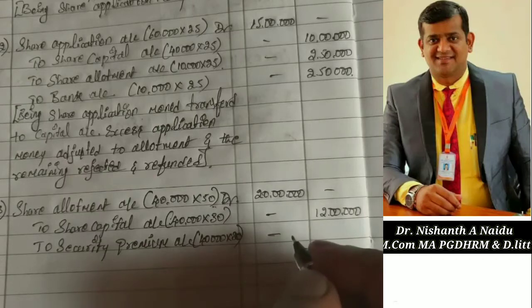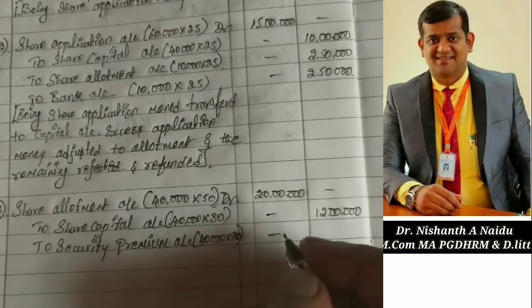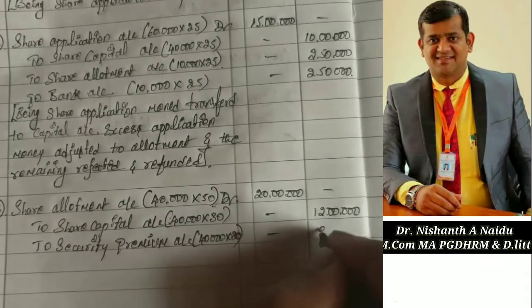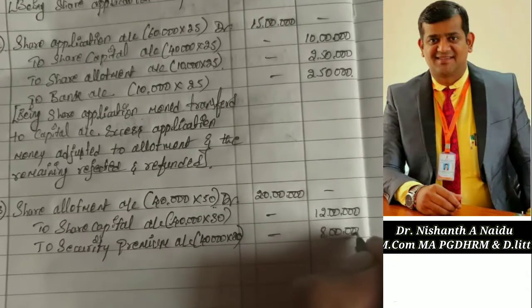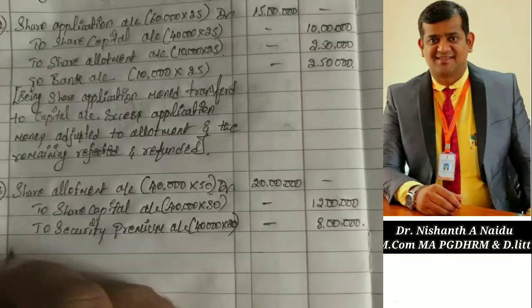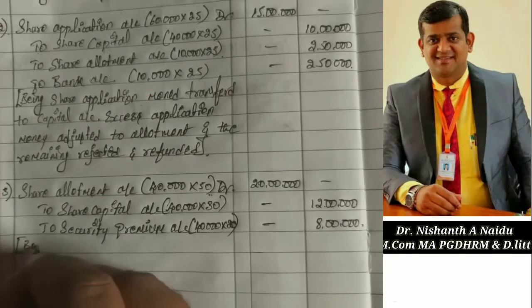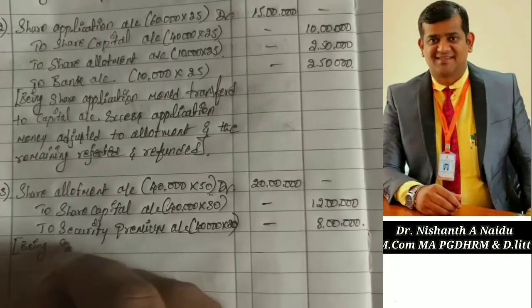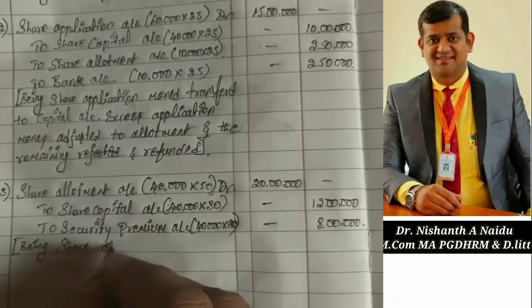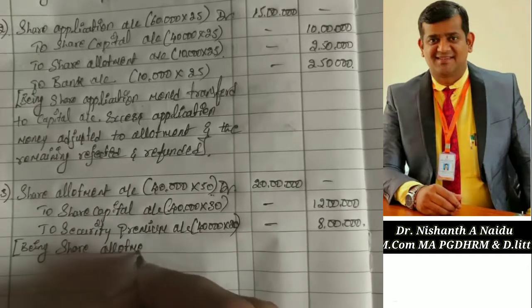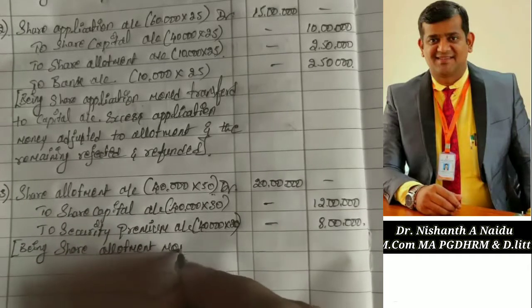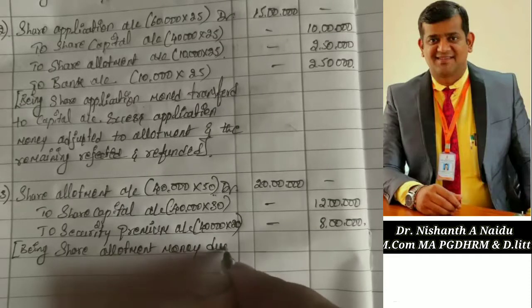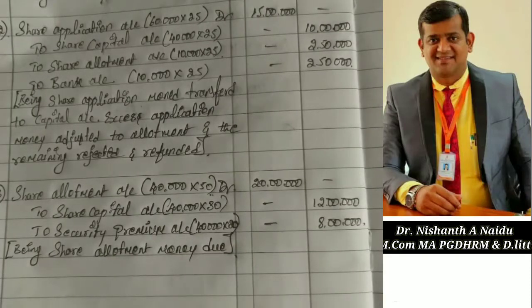Then 40,000 into 20, 8 lakh rupees, that is towards premium. Okay, so write down the narration: being share allotment money due.